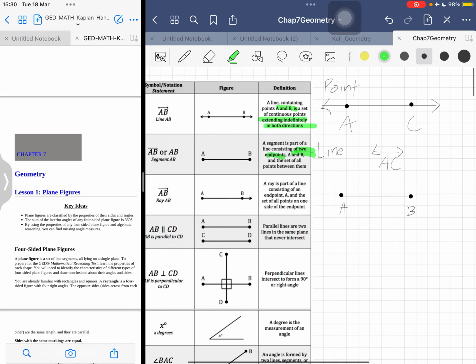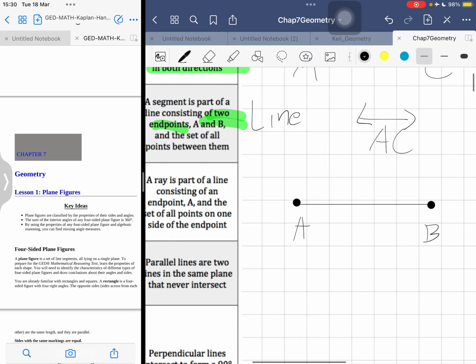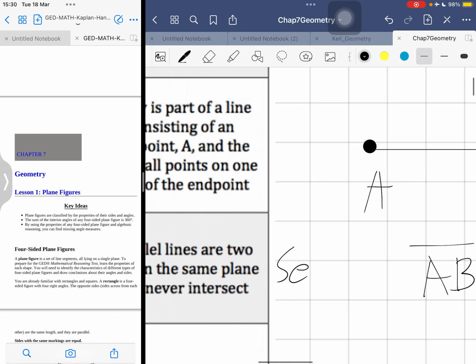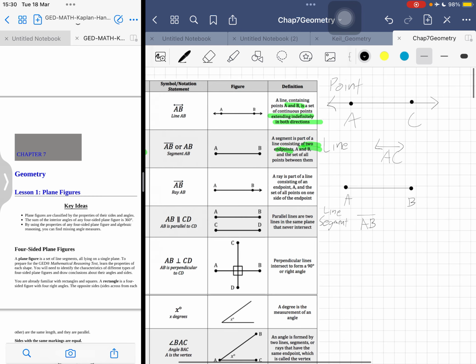Therefore, we can name this line segment AB. You see the difference between line and line segment, right? Let me write segment, line, segment. So we have point, line, and line segment.